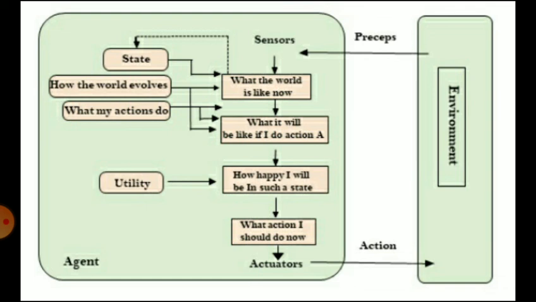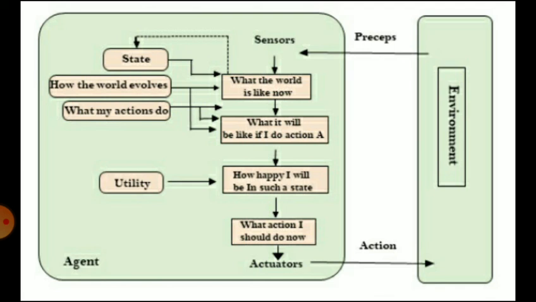After performing an action, in which state does the agent end up? A state in which it will become happy or unhappy. That will be measured by the utility function, whether the agent is happy or not.